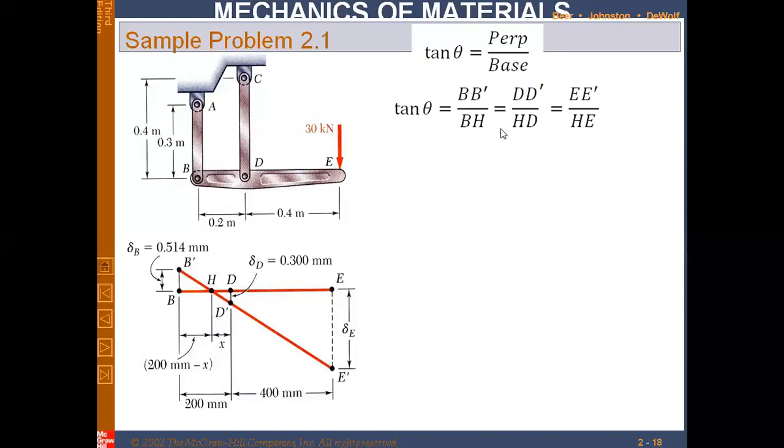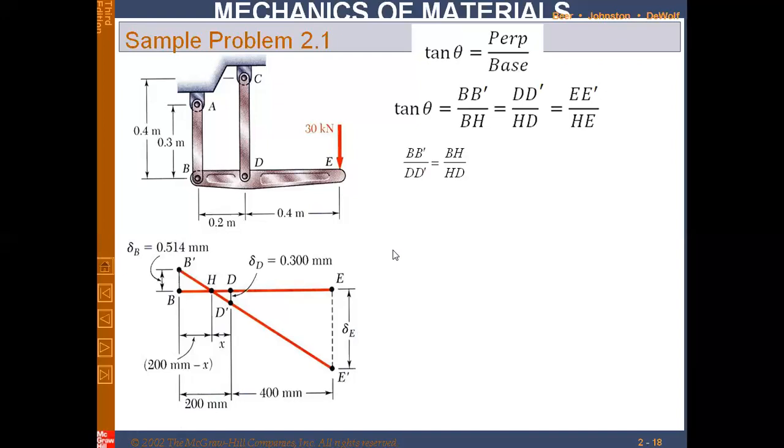So now we have three equations: one is this equation, the second is this equation, and the third is this equation. We have to utilize all these three equations, and somehow first find X and then delta E.